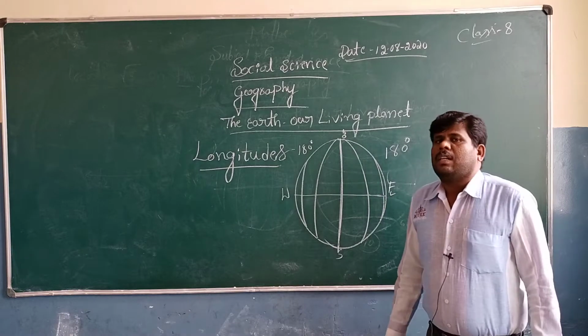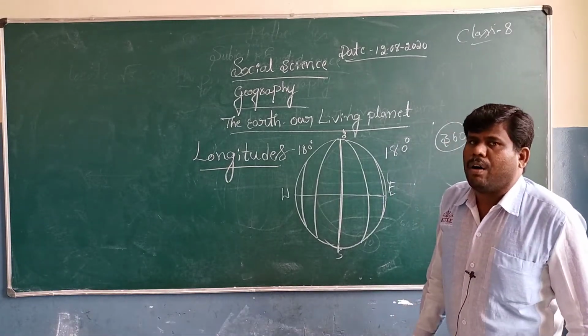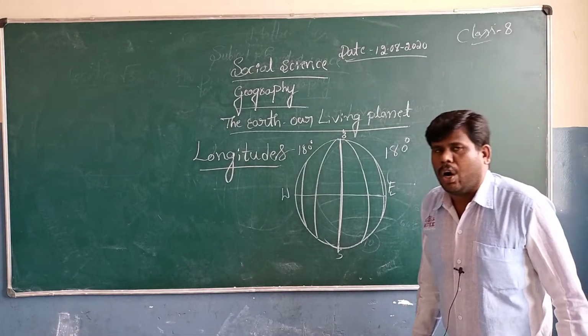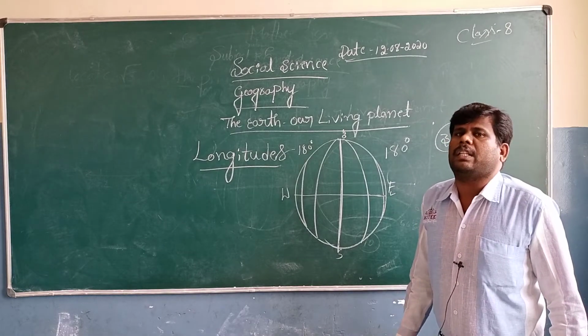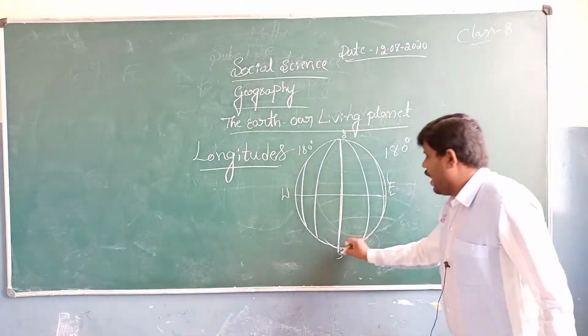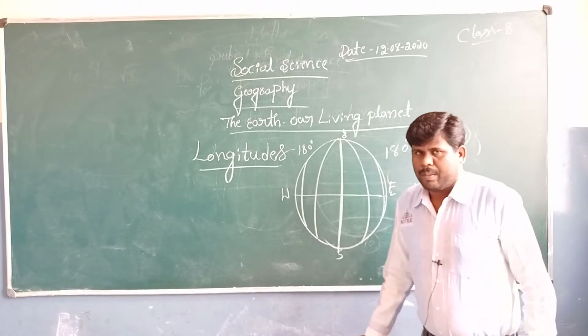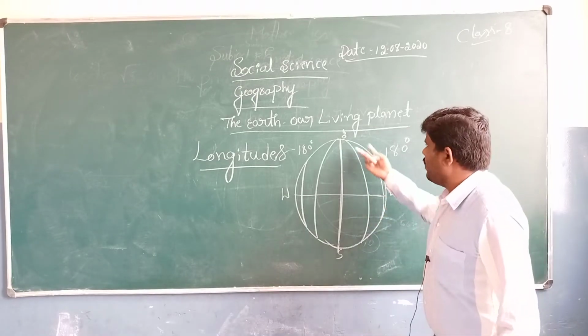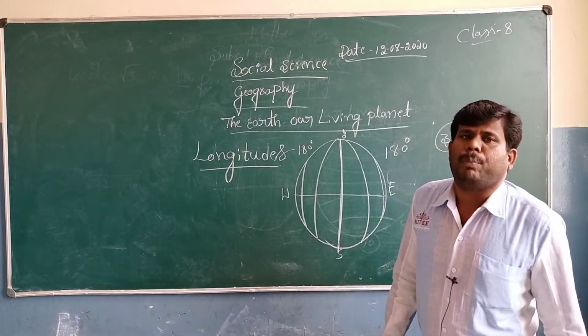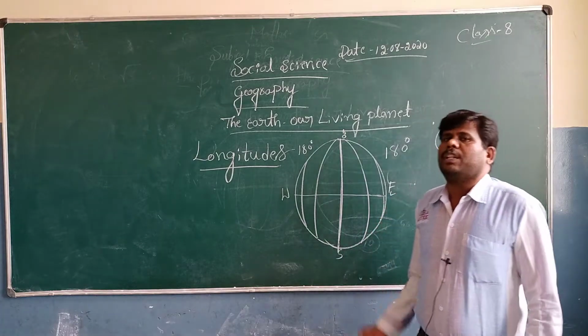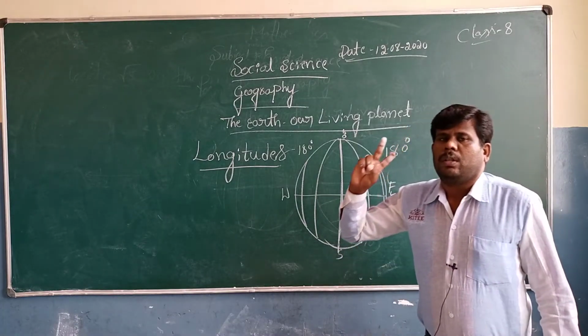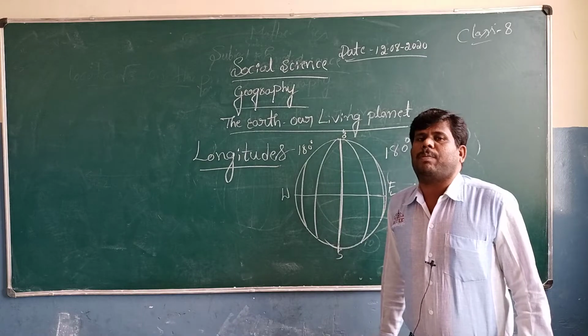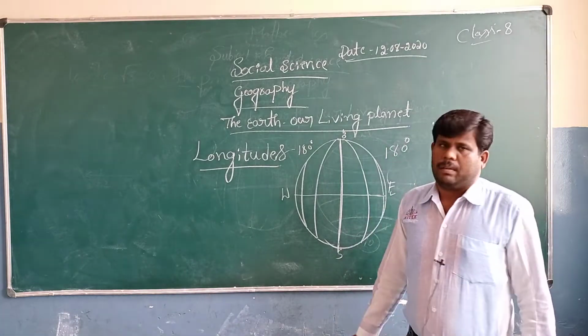Because all the lines of longitude converge at the poles, north pole and south pole. So the distance between two longitudes decreases with the distance from the equator.